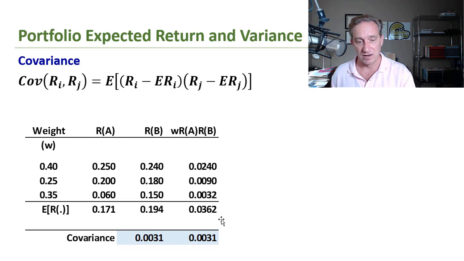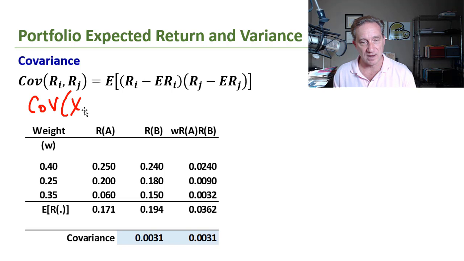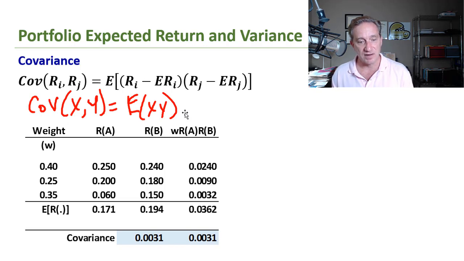And it invokes one of the most important useful qualities: the covariance between x and y is equal to the expectation of the product of x and y minus the expectation of x multiplied by the expectation of y.